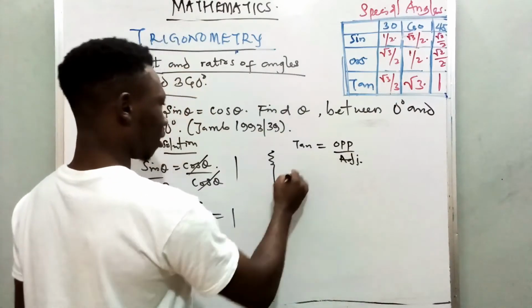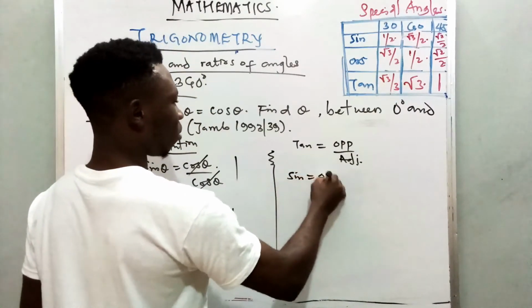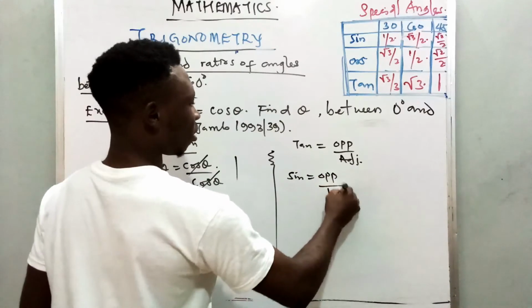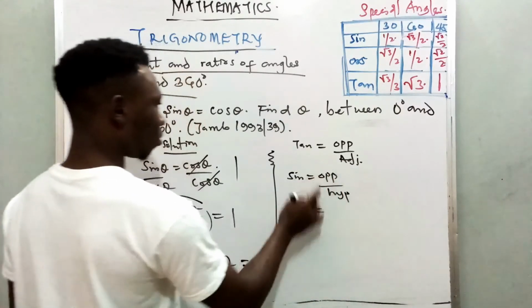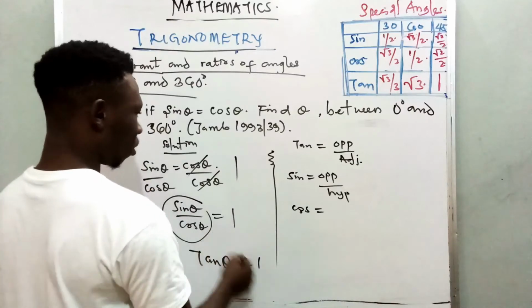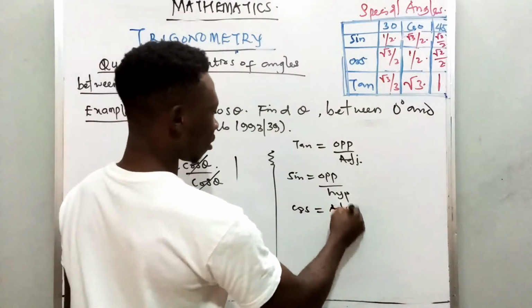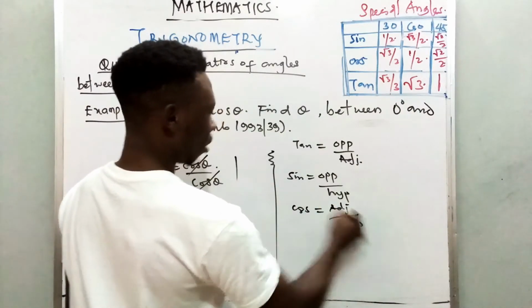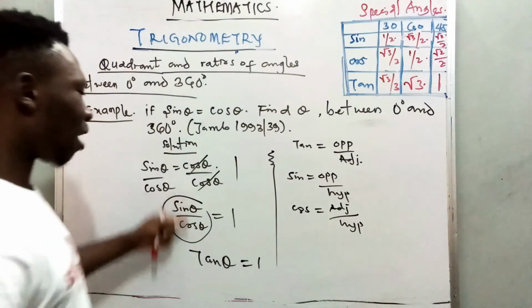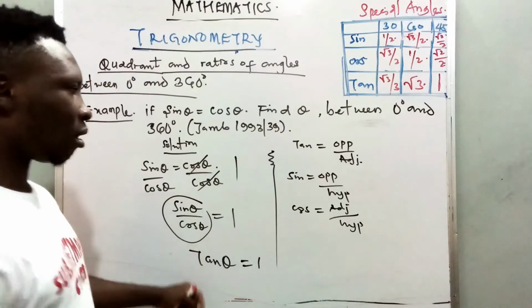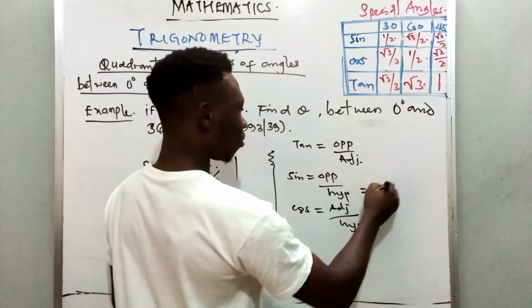Now, what is your sine? Your sine is equal to opposite over hypotenuse, and your cos is equal to adjacent over hypotenuse. Now, I just said if I divide sine theta over cos theta, it's going to give me tan. Let's do it and see what's going to happen.